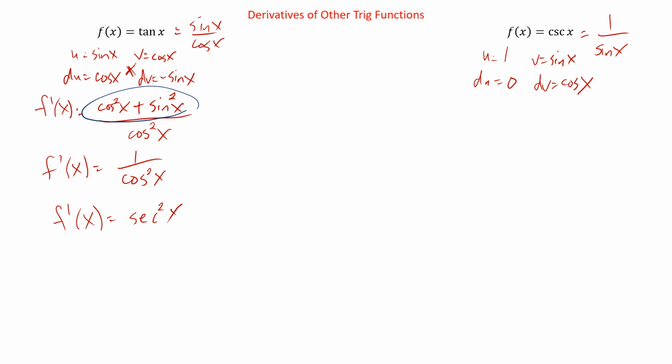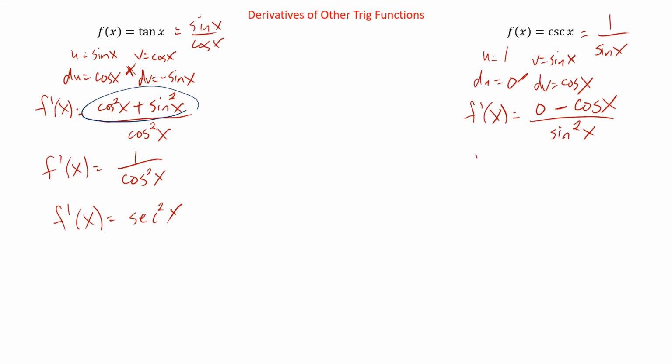So our derivative, we're going to have these two. So 0 times sine of x is just 0, minus cosine times 1 is cosine x, over, square the bottom, sine squared x. So the 0 is just 0, so that's 0 minus cosine.